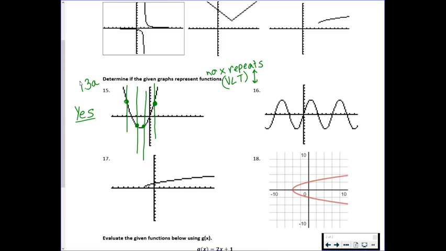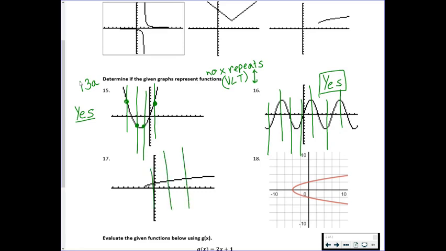Number 16, same thing. I'm going to draw vertical lines, and you can see it's only passing once each time, which means yes, this is a function as well. Number 17, draw vertical lines. It's passing once, so yes, this is a function also. Last one, 18, draw vertical lines.